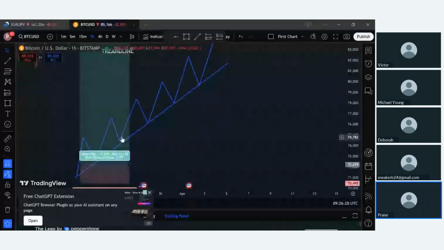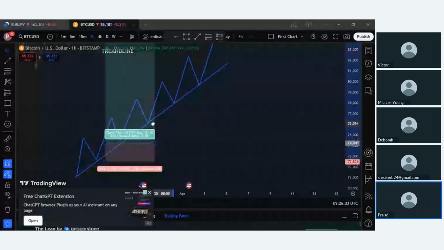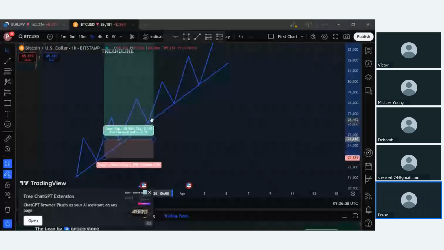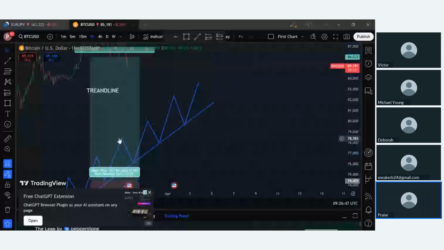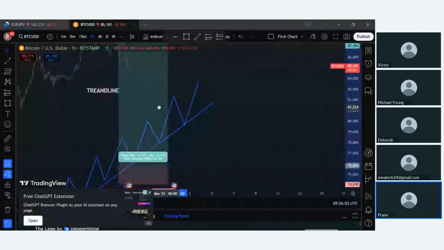Every time the market creates a new low, bounces from the trend line and goes above this high, we shift our stop loss to that point. Since this high has been broken, we don't expect the market to break this low unless it wants to change direction. The market comes, bounces, then we put our stop loss below that point again, and we keep doing it and keep doing it.